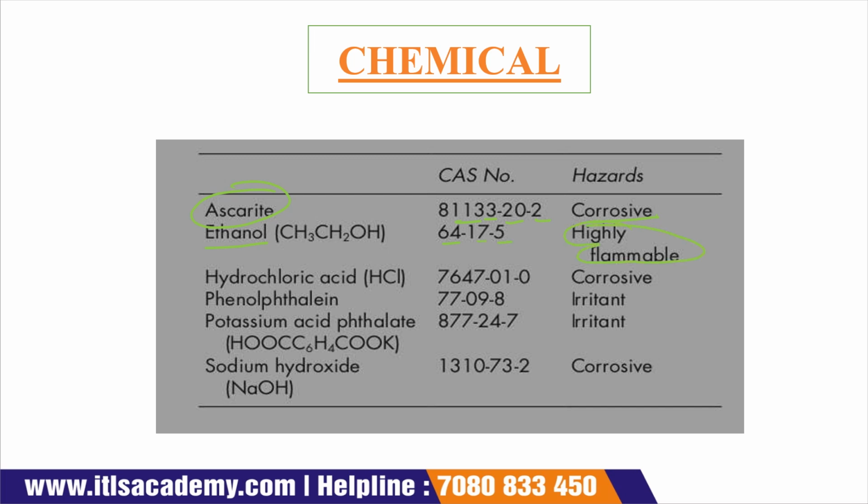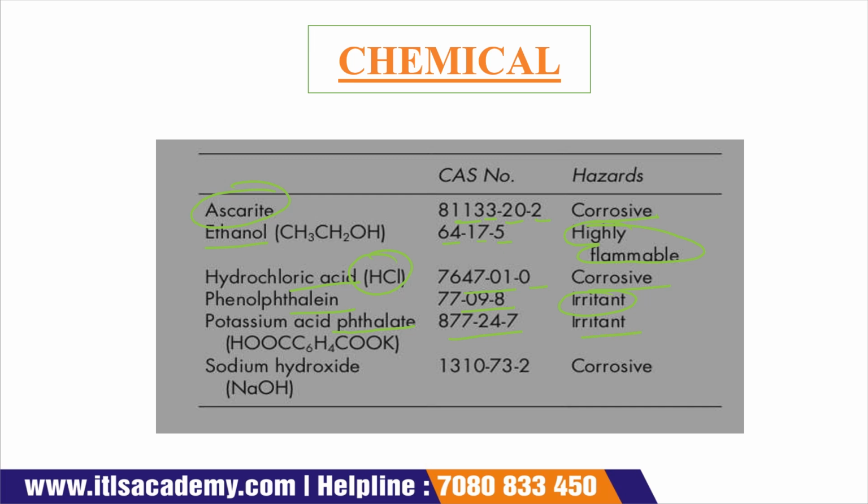The next one is hydrochloric acid, that is HCl, 7647-01-0, which is corrosive. Phenolphthalein, 77-09-8, is an irritant. Potassium hydrogen phthalate, 877-24-7, is irritant in nature.